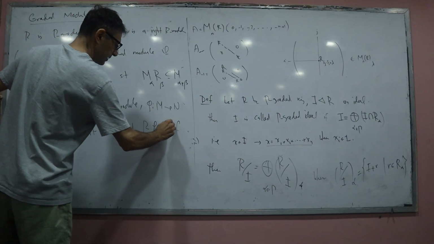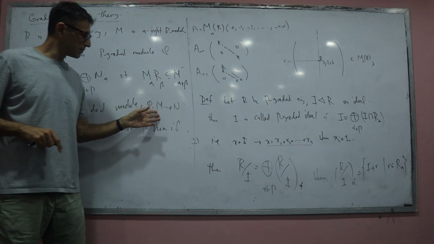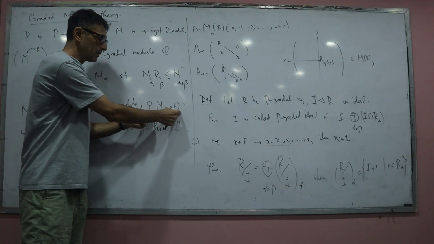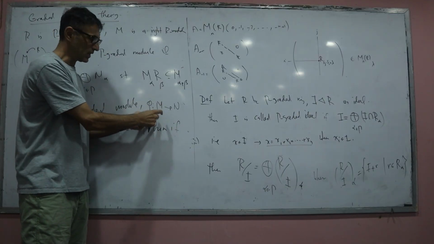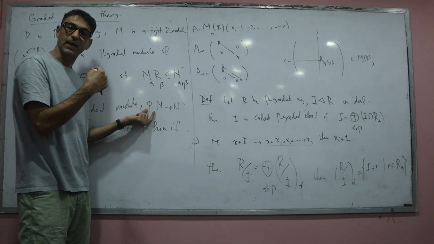If, can you guess what I want to write? So I know that I'm pushing elements of N inside N in general, but now M, I can have these components here. I have the components here. I want this to respect that.